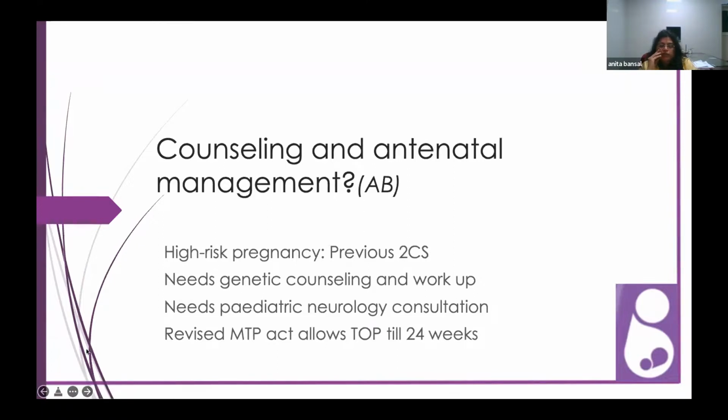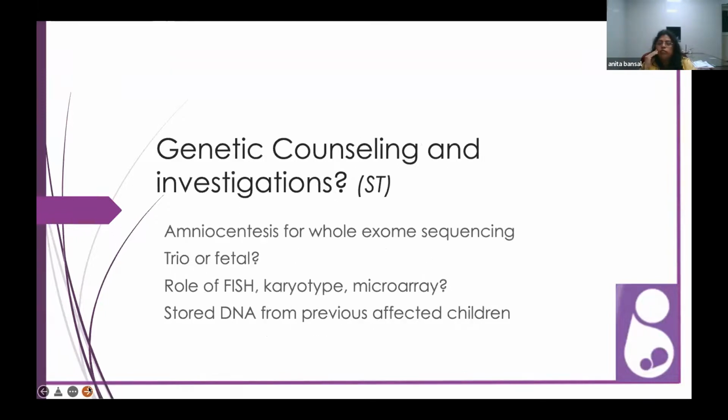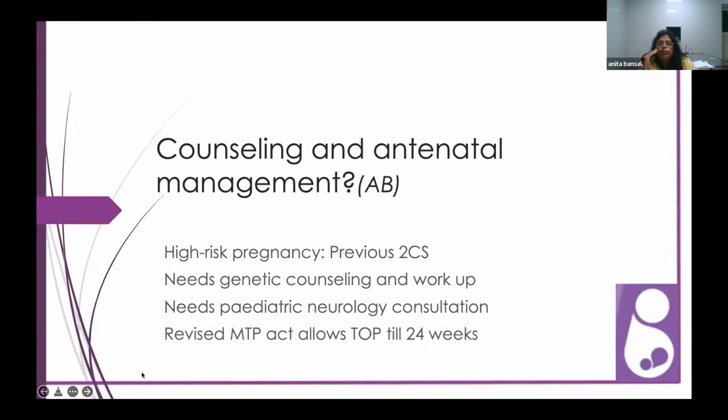So we have to counsel the patient on whether she wants to continue with the pregnancy, because in both previous affected children, the baby passed away at 1 year of age. If they want termination of the pregnancy, it can be offered right now. And if they want to continue with the pregnancy, they have to be counseled about the options.